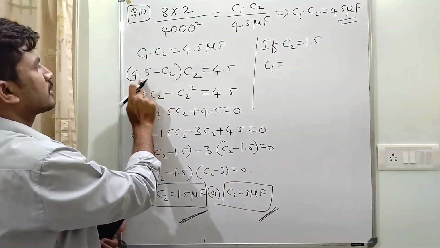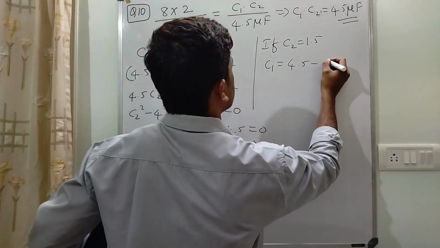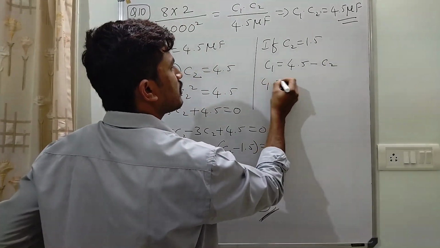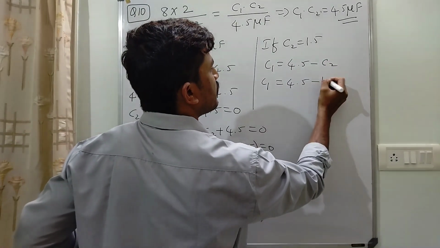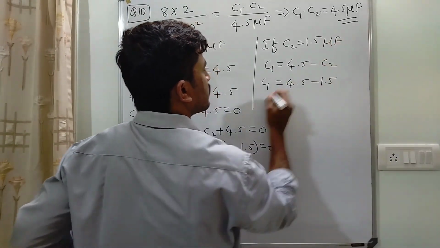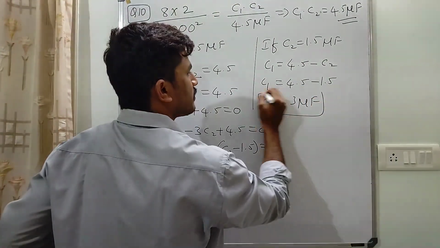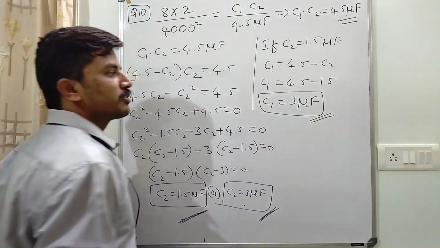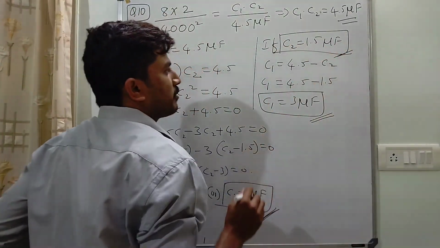C1 is 4.5 minus C2, which is 1.5 microfarad. So you will get C1 equal to 3 microfarad. So one capacitance value is 3 microfarad, another is 1.5 microfarad.